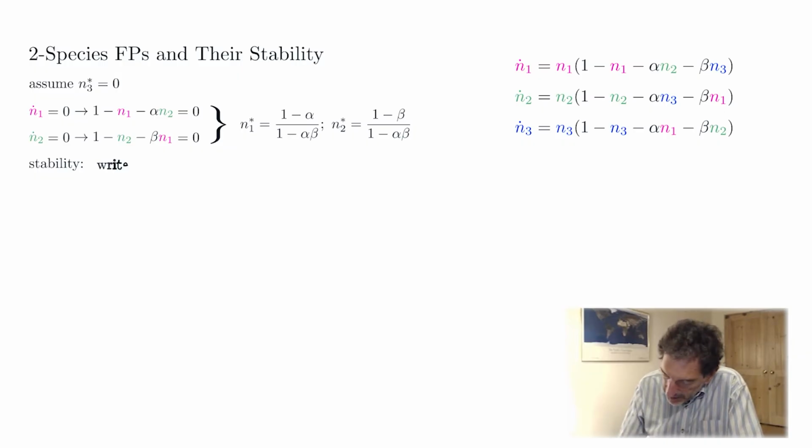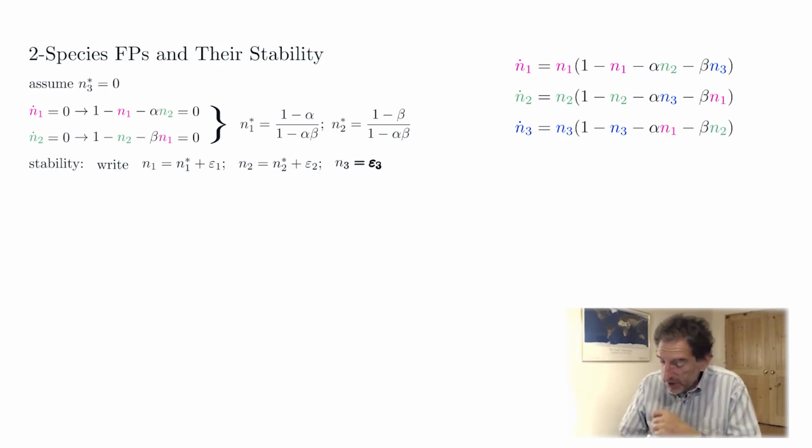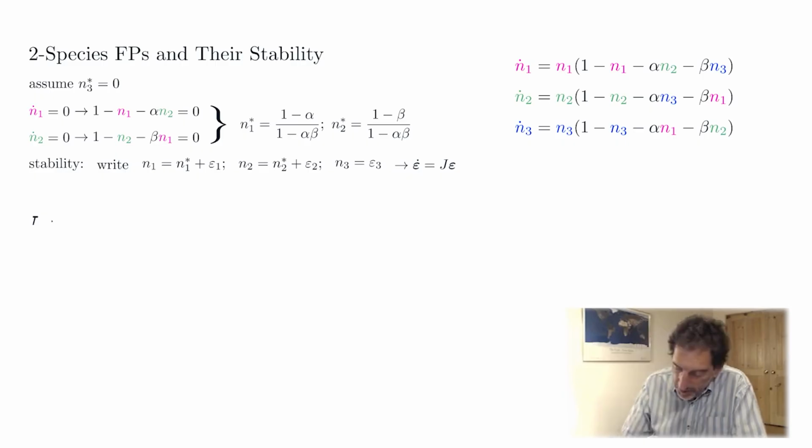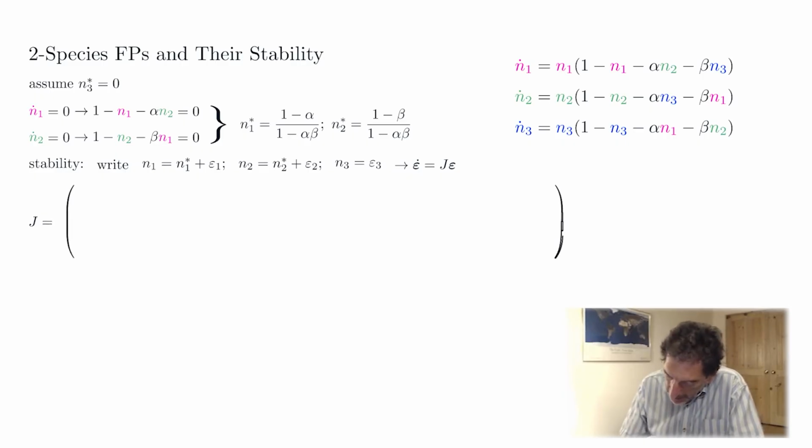So we write again, n1 is equal to n1 star plus epsilon 1, and n2 is equal to n2 star plus epsilon 2. And in this case, we again will have a linearized equation of motion, epsilon vector dot is equal to the Jacobian matrix times epsilon. And here the Jacobian matrix is the following, and it's just a matter of straightforward algebra to show this.